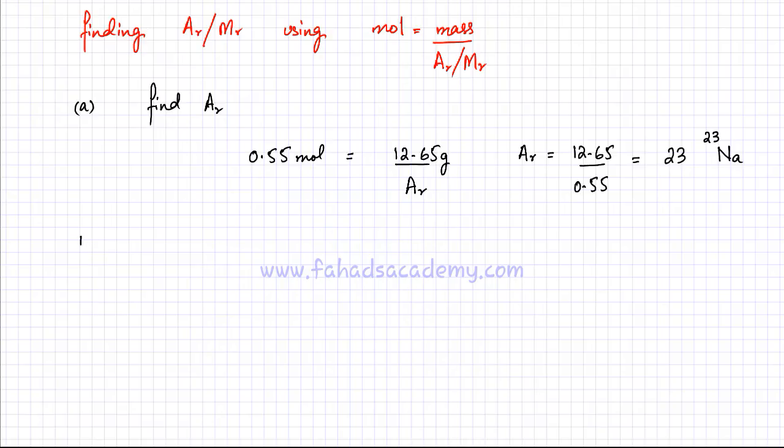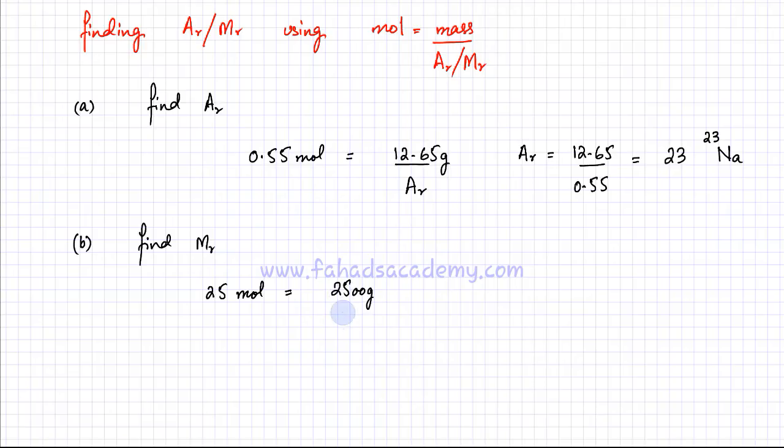Let's do another example, and let's say we are asked to find the MR of a substance, and they've told you that it's calcium carbonate, but you have to prove that it's calcium carbonate. What they've given you is that the substance has 25 moles and its equivalent mass is 2500 grams.